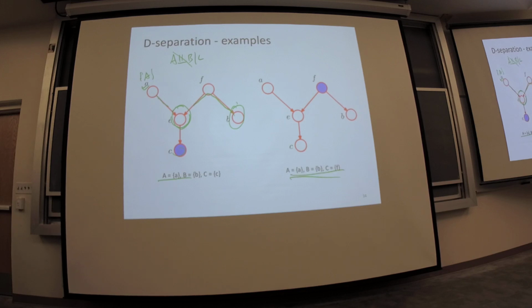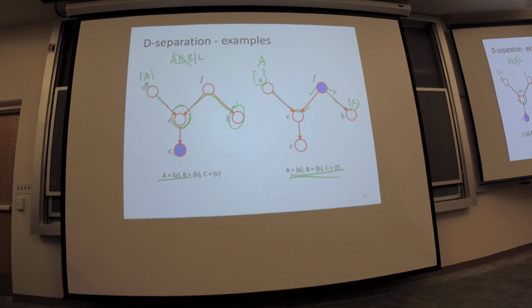And we can look at another example. This is your A and this is your B, but now we condition on F here. We can look at the path. There's only one path here. So what can we observe? We observe that this is a tail-to-tail, right?